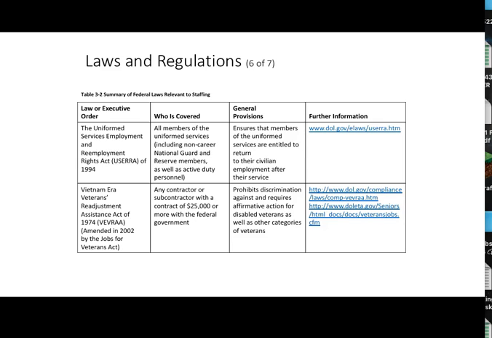Under USERRA, all members of the uniformed services are covered, regardless. It doesn't matter if you have 1 employee or 100,000 employees. Even with 1 employee, you are obligated under USERRA to ensure that members are entitled to their civilian employment after they conduct their service. And this is particularly relevant for National Guard and Reserve people.